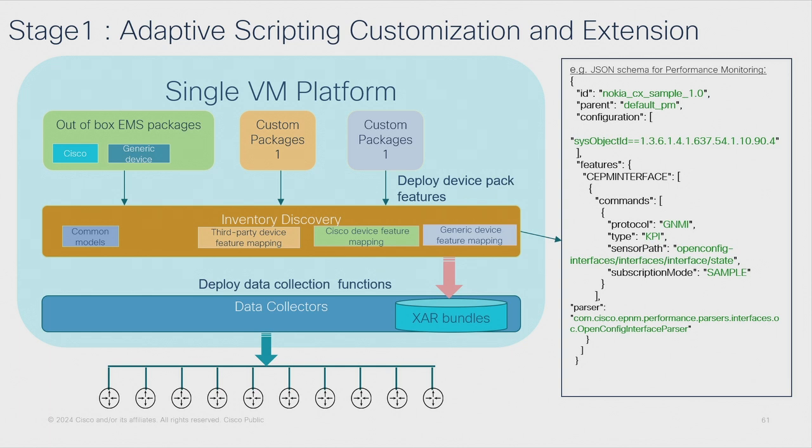On CNC, we can currently look at Cisco's device features, but you could also build those common models for third-party devices into a single platform, then build your custom packages that consume from these device package features. These are available as part of XAR bundles, Java and Python libraries that can be enabled and deployed in your instance, built once, and then reused multiple times.